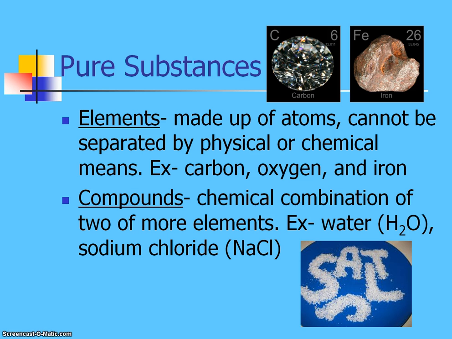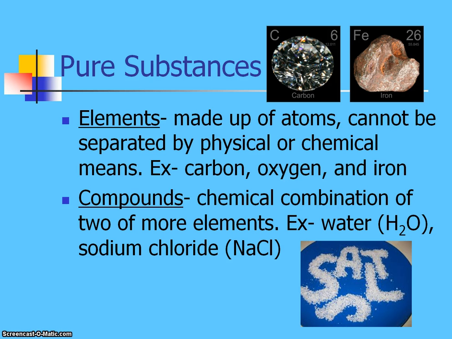First we're going to look at the two types of pure substances, which are elements and compounds. Elements are the simplest form of matter. They're made up of atoms and cannot be separated by physical or chemical means. Physical means of separation would be filtering or boiling. Chemical means is where you separate the compound into something simpler, like NaCl separating into Na, sodium, and Cl, chlorine.